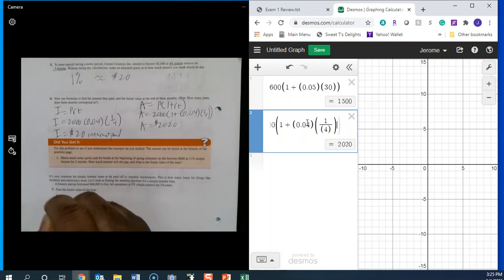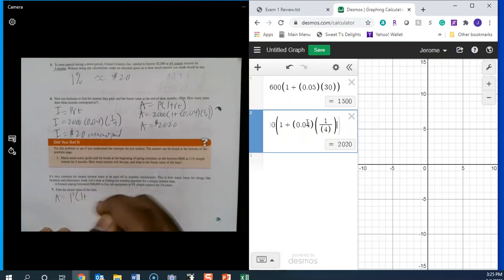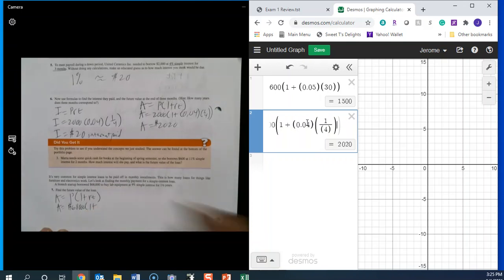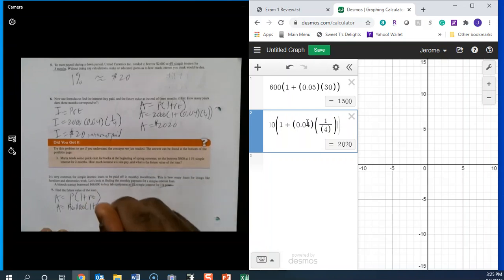Okay, so we had A is equal to principal times 1 plus R times T. The principal was $68,000. The rate is 9%. And then the time says here 1.5 years, so we could put 1.5.